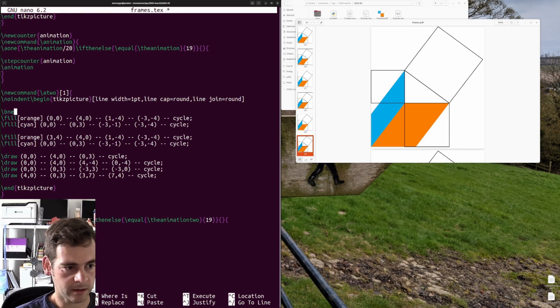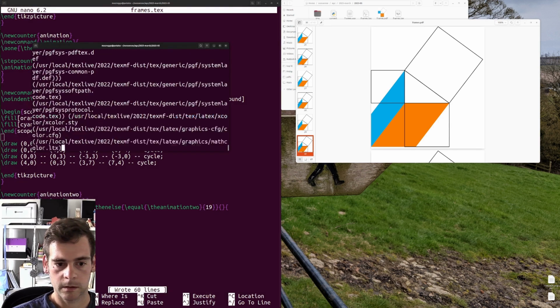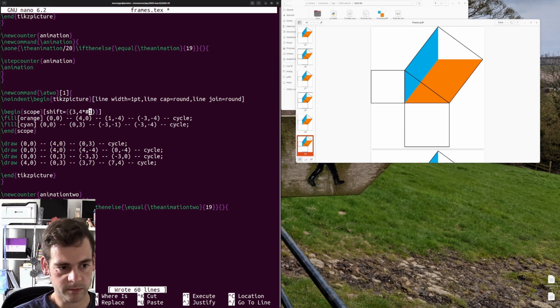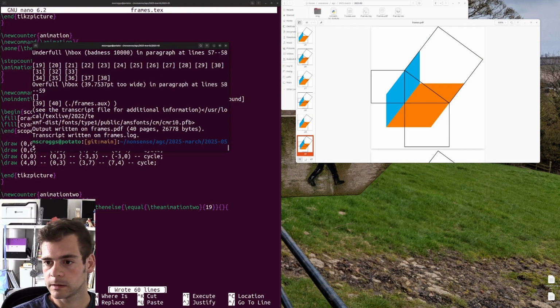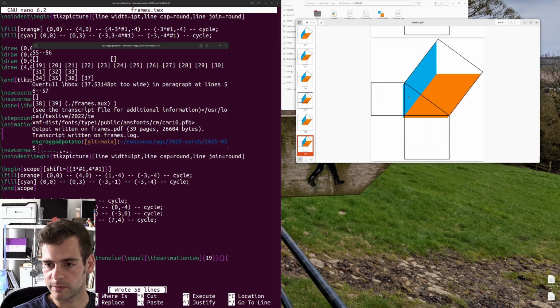Then begin scope shift equals 3, 4. Just do shift this times #1, this times #1. Look, we go there and we slide upwards.